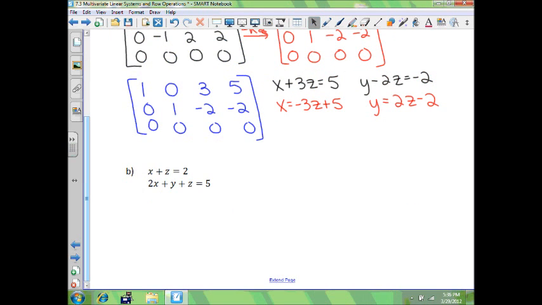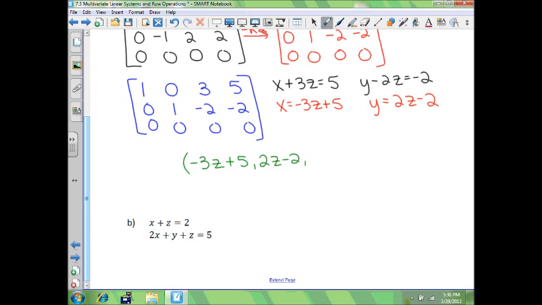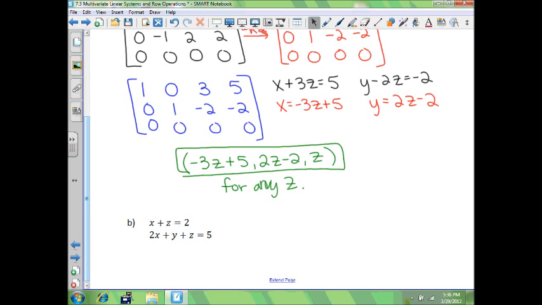Now since we don't have a value for z, our final answer will look like this: -3z plus 5, 2z minus 2, and z. And this is for any z. It doesn't matter what z is, that's going to be our solution.